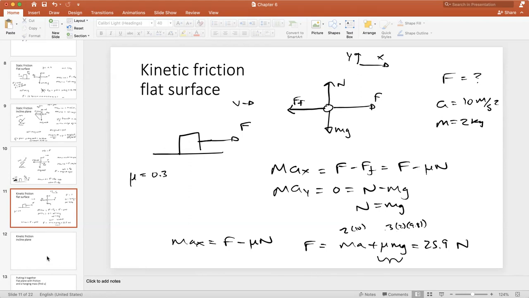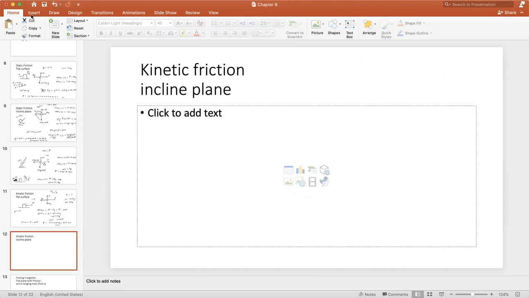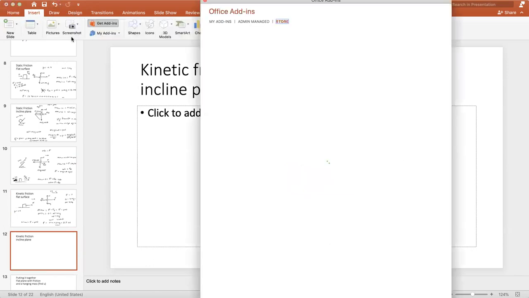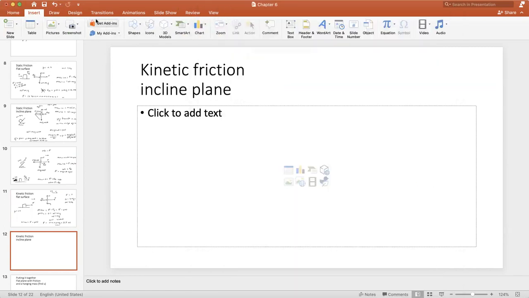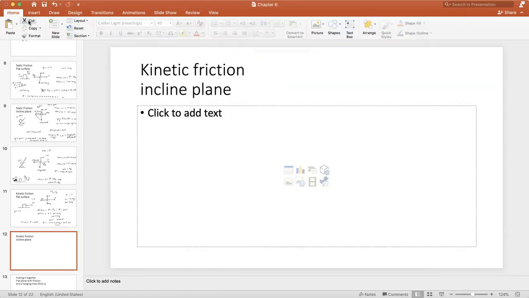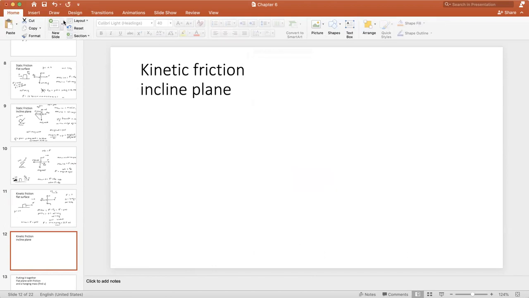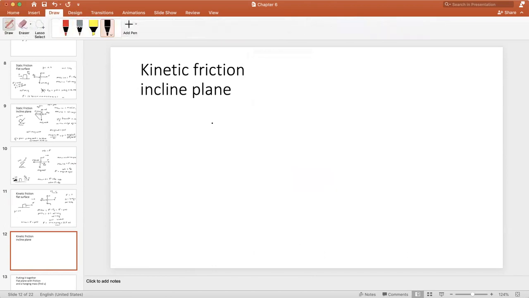All right, inclined plane. Again, this is another simple problem, but I want to do something different on this, okay? Imagine this guy's sliding down with constant v.